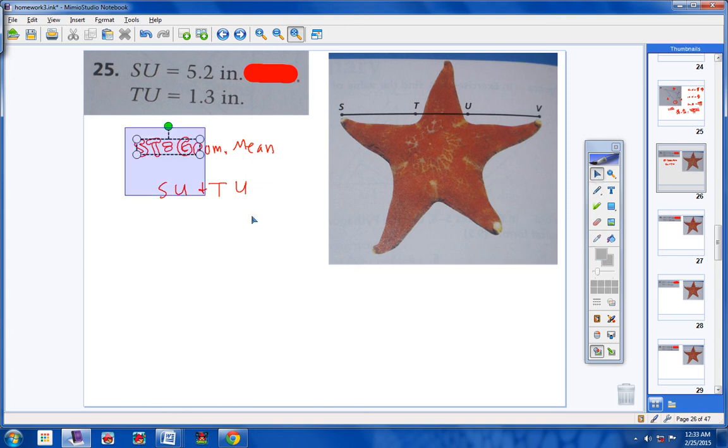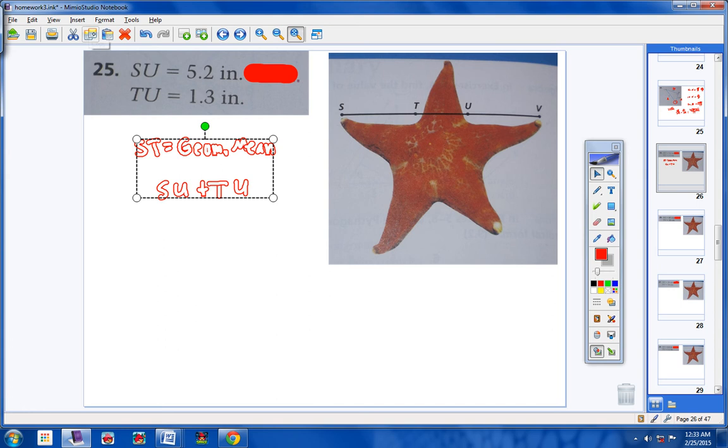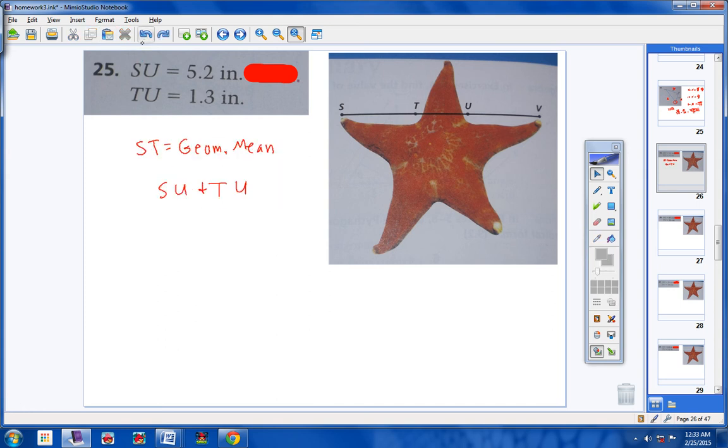And that's really pretty simple, guys. I've told you that whenever you are looking for a geometric mean, you just do this. I've told you guys this. Geometric mean equals the square root of the two numbers that you know being multiplied together. So if I'm looking for ST for all four of these problems, which I am, then what that means is I'm going to take the geometric mean of SU and TU.